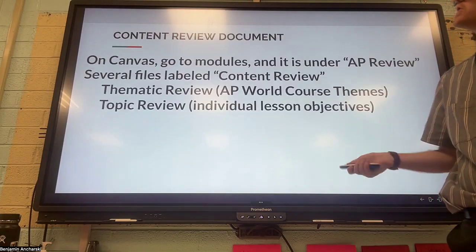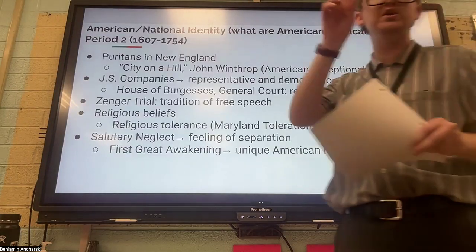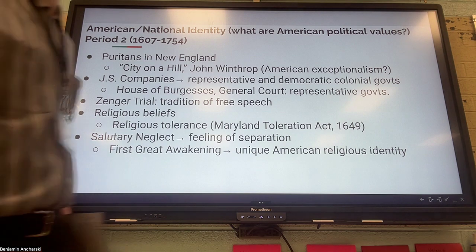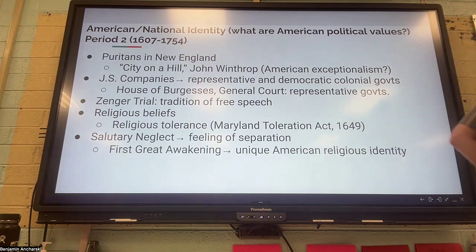Now, the College Board does not have anything actually from period 1, but that is because most of our political traditions derive themselves from English political systems. The English are a profoundly important influence on how America eventually develops. We speak English. We're primarily descended from the English colonies.